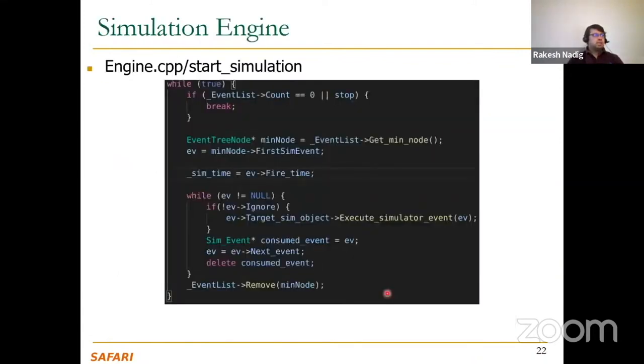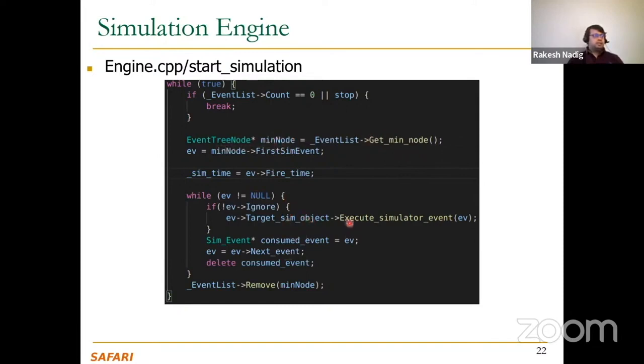In start simulation, we have a while loop, which looks at the red black tree that I just mentioned before, gets the node with the least timestamp, and uses that node to fire the event.